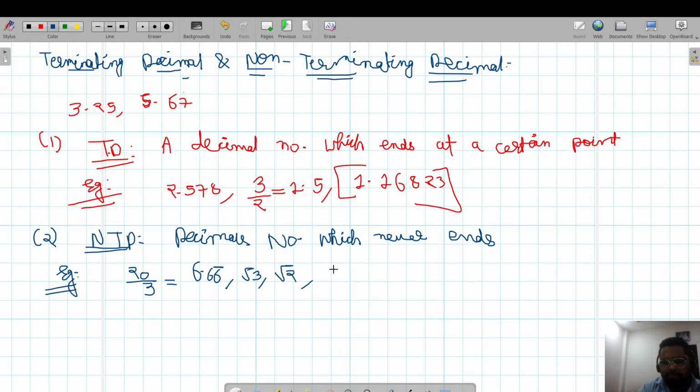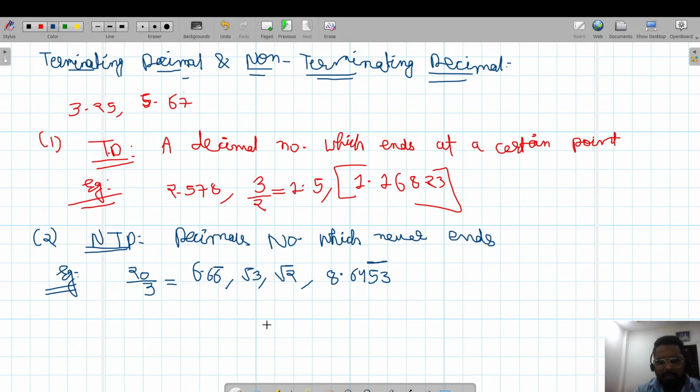I can also write 8.6453 with 53 repeating again and again, which is also a non-terminating decimal. So these are non-terminating decimals, and the earlier ones are terminating decimal numbers.